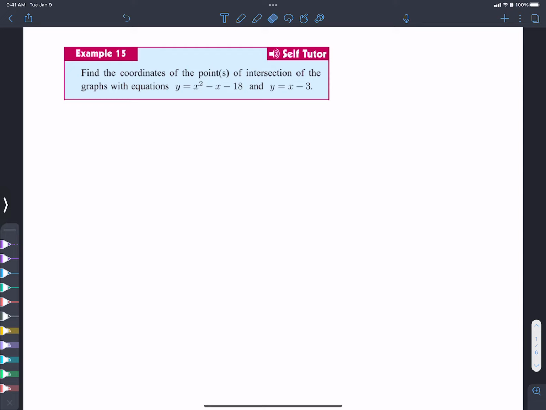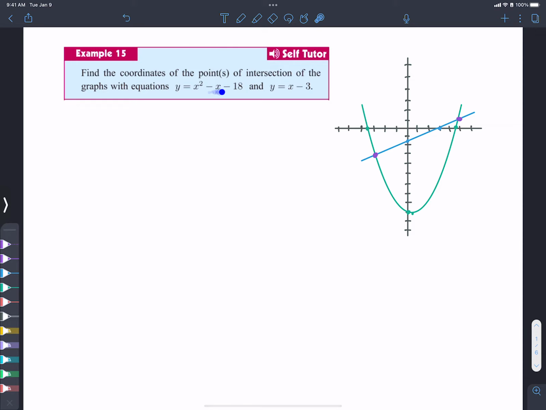If we look at this graph to begin with, it will look something like this. This was just a rough sketch that I had done ahead of time, but here we've got our green for x squared minus x minus 18. We've got some graph that looks roughly like this. And for this other linear equation, we have one that looks roughly like this.